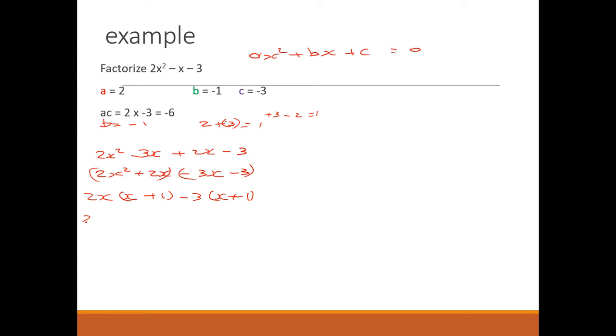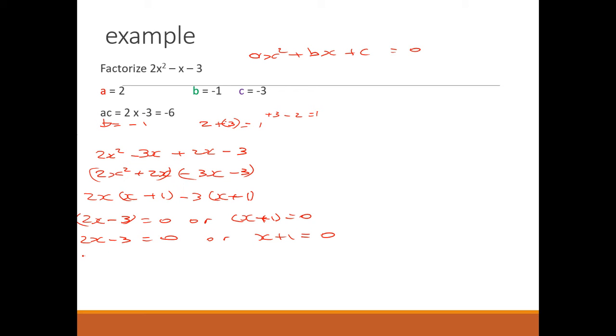So our answer will be 2x. These two terms that are outside of the bracket, we put them in a bracket, and we're going to keep one of the brackets that is similar. So we have to equate this to 0, so either we are saying 2x minus 3 equals 0, or x plus 1 is equal to 0.